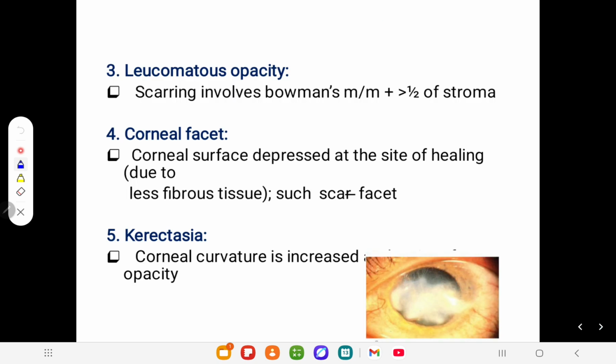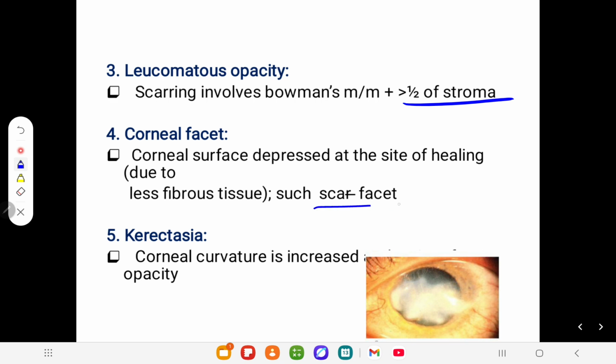Leukomatous opacity means the scarring involves more than half of the stroma. Adherent leukoma means that in a penetrating injury the iris adheres to the cornea and the whole cornea becomes opaque. The whole cornea has opacity. Corneal facet is a corneal surface depression at the site of healing.